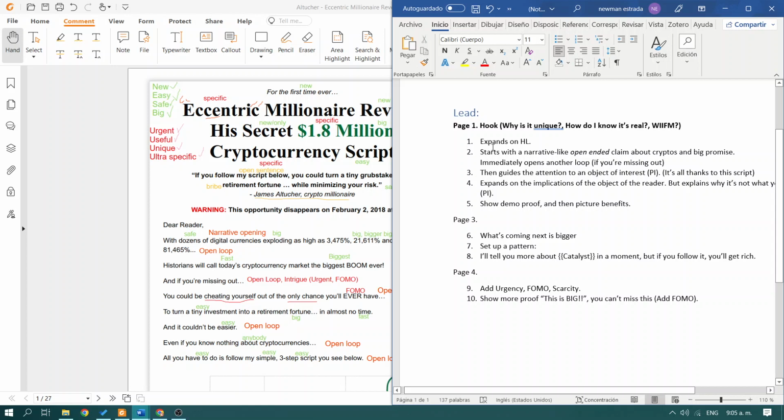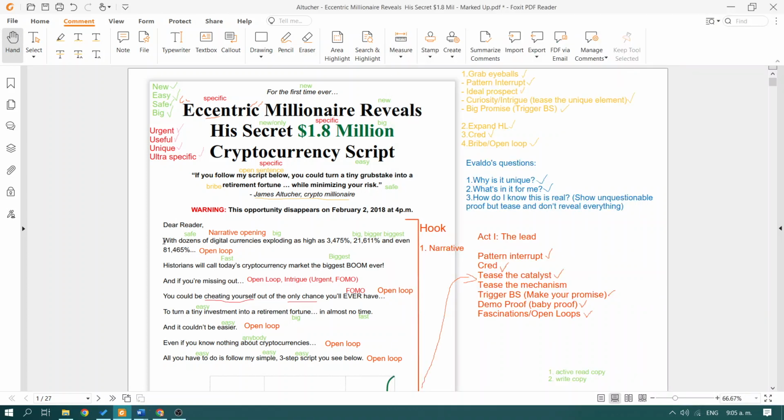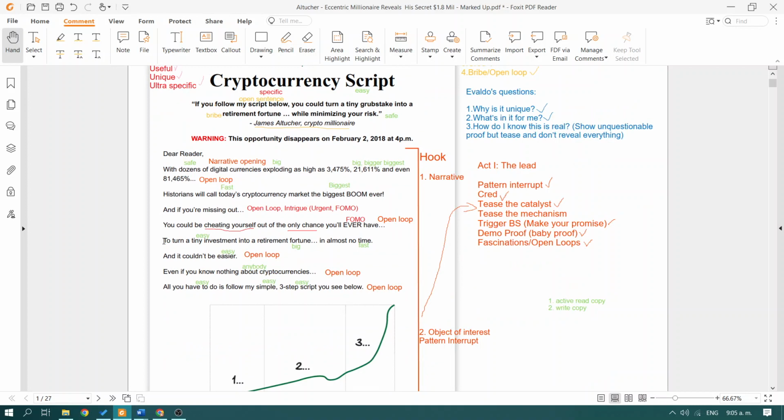So, the lead or the hook expands on the headline and then goes with a narrative, like an open-ended claim about cryptos, and shows a big promise, right? And then immediately opens another loop, right? If you're missing out, let's see. Dear reader, with dozens of digital currencies exploding as high as X, Y, and Z%, historians will call today's cryptocurrency market the biggest boom ever.